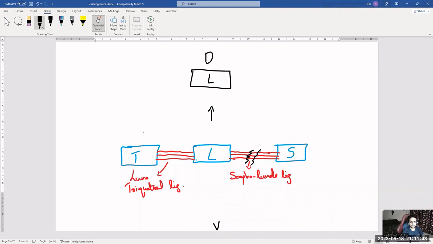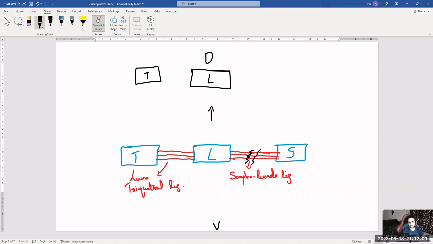And the triquetral will also move along with the lunate. Actually, when I'm saying move, what I mean is it's basically tilting, or it will rock or tilt. It actually doesn't move.